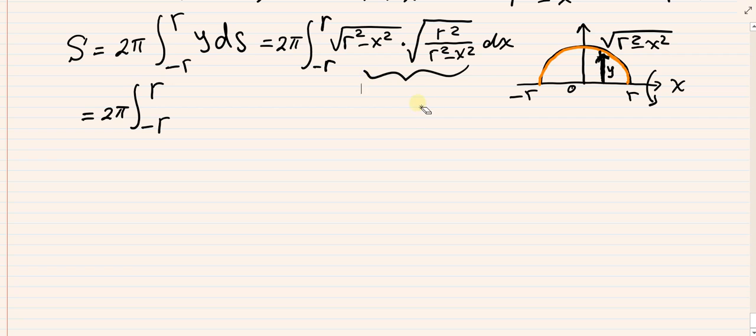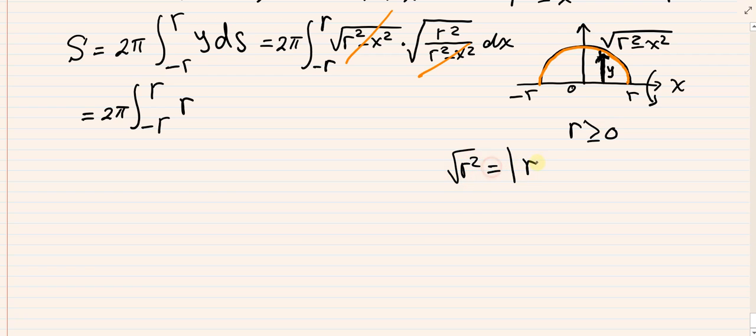These two actually simplify nicely, and the reason is because, there you go, those cross out. And square root of r squared is just going to be r, correct? And since r is taken to be positive, when we take square root of r squared, usually we have absolute value of r, but because r is positive, there is no need for absolute value. Okay, so that's going to be r and then dx.